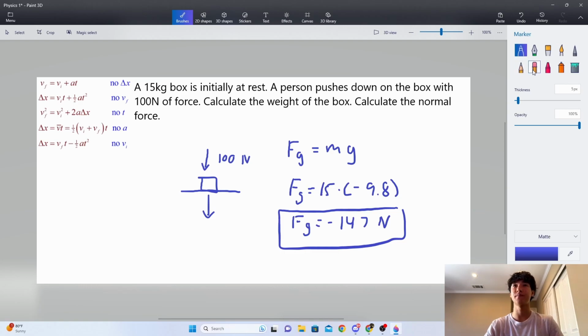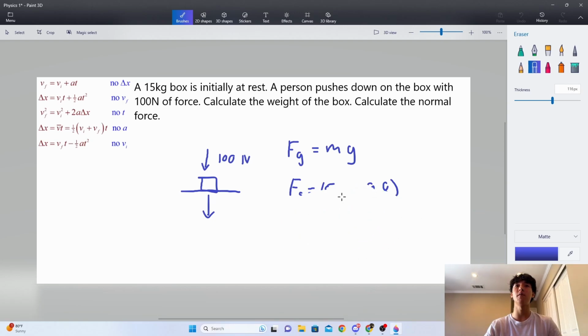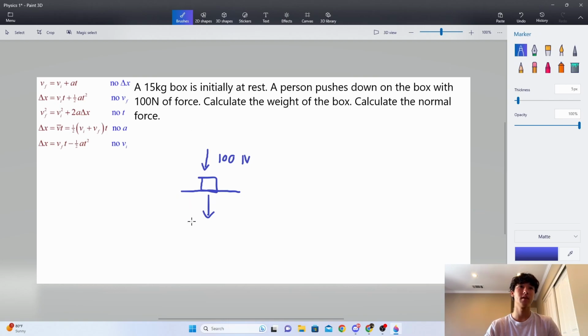It's force of gravity. Now, calculate the normal force. So we're thinking, okay, this is not on an incline, right? So this is F_G pulling the box down by negative 147 newtons, and we're pushing it down by negative 100 newtons. So our normal force is pushing up against both of these forces.